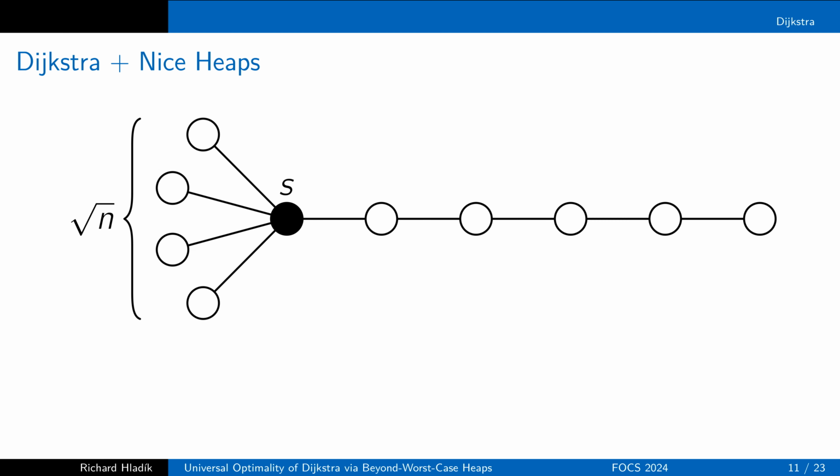So we can tweak this example by adding these square root of n vertices and connecting them to the source. Let's say that we make the weights on the edges really large. Then if we run Dijkstra on this graph, it will start by inserting those square root of n vertices into the heap, and then it will walk on the path as before.